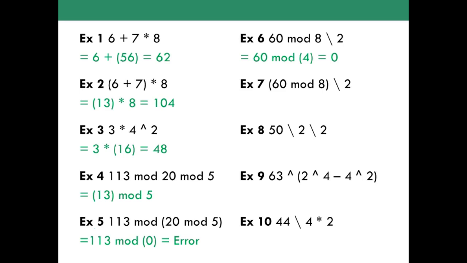Example 7. The brackets tell us precedence. They force us to deal with mod before integer division, despite the fact that integer division comes before mod. So in this case, 60 mod 8. How many groups of 8 are there in 60?